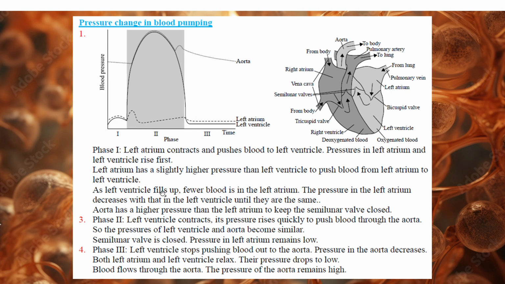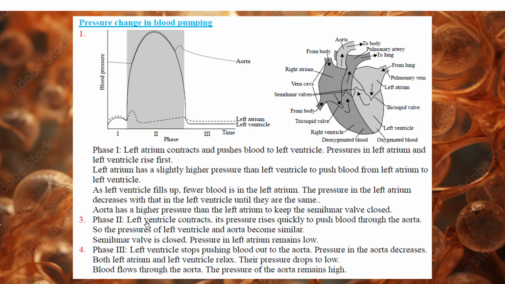As the left ventricle fills up, the pressure in the left atrium decreases with that in the left ventricle until they are the same. They're the same, no more flowing of blood through them. And the aorta has a higher pressure than the left atrium to keep the semilunar valve closed, such that the ventricle can be filled.